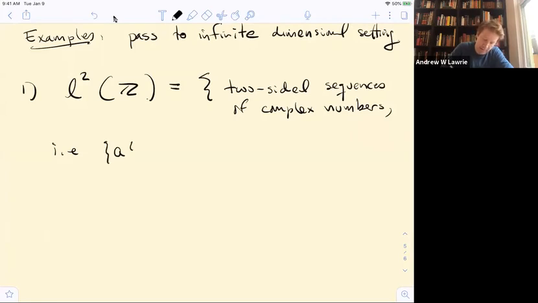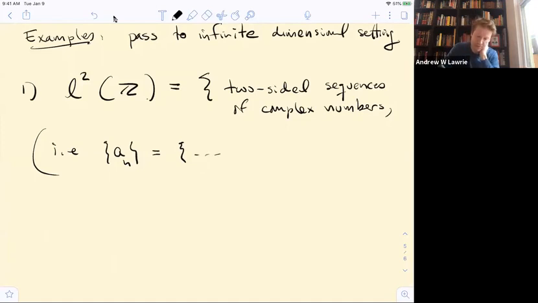That is, a sequence a_n is in L2 of Z. This is awkward. a_n equals the sequence of numbers, but I let n be indexed over Z, as we've been doing in class, rather than just the positive integers.